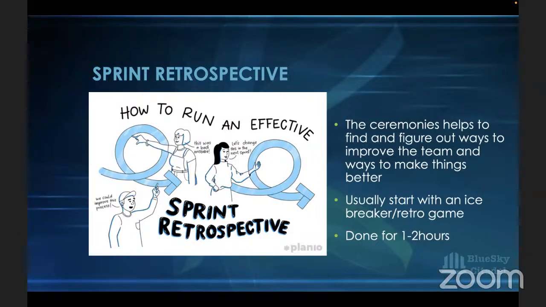It is the last formal event of the sprint, and this event is focused on the Scrum team and their processes. So after the end of the retro, a plan for improvement is created, and this plan is what they intend to make in the next sprint.